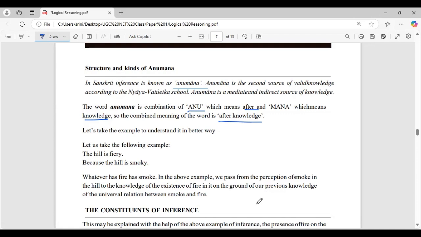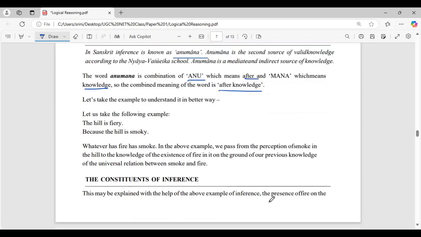But it is not true in all cases. We will see exactly later. Smoke is related with fire, but smoke can also be related with ice.